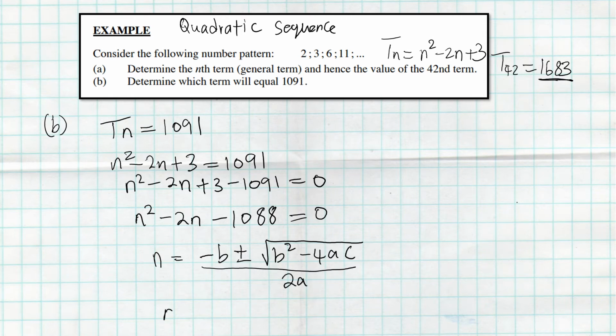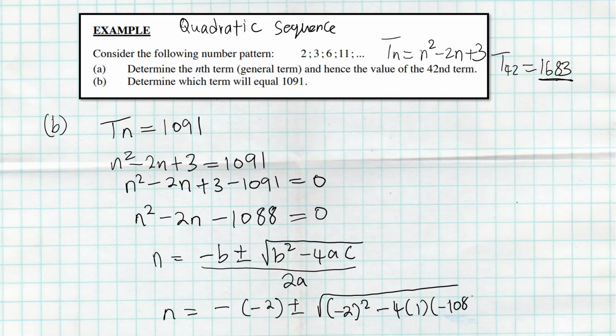Right. So n is going to be equal to minus our b, which is negative 2, plus or minus root of our b, which is minus 2 squared, minus 4, our a is 1, c is minus 1088.